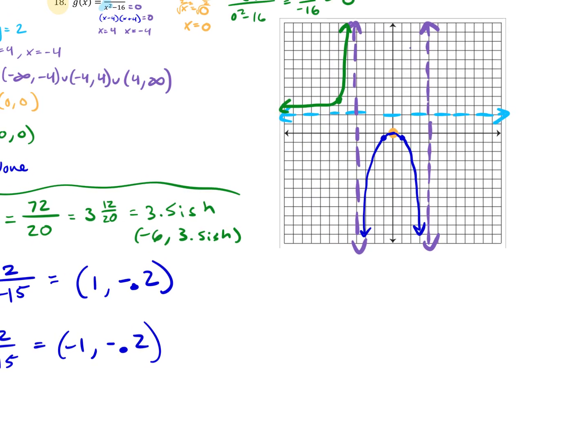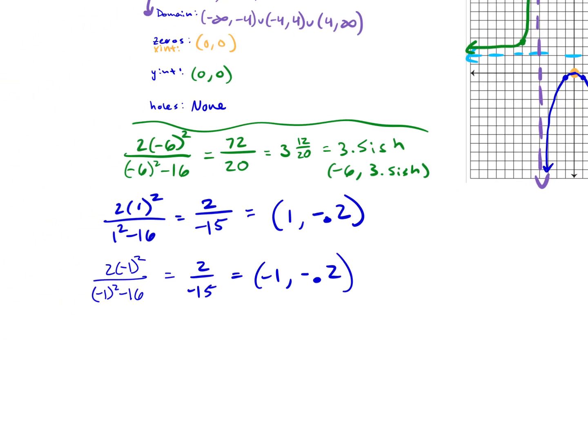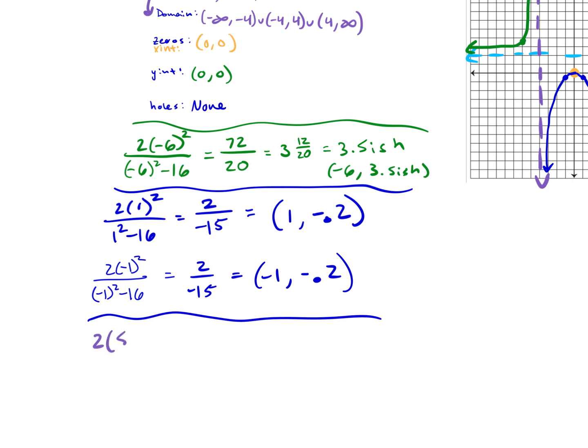Now let's find out what the right side of our graph is going to do. What's a good number to plug in on the right side? 5 or 6, either one works. We can plug in 5, sure. Let's plug in 5. We've got 2 times 5 squared over 5 squared minus 16. 5 squared is 25 times 2 would be 50.